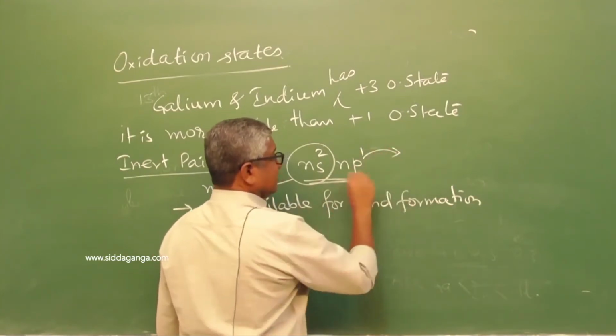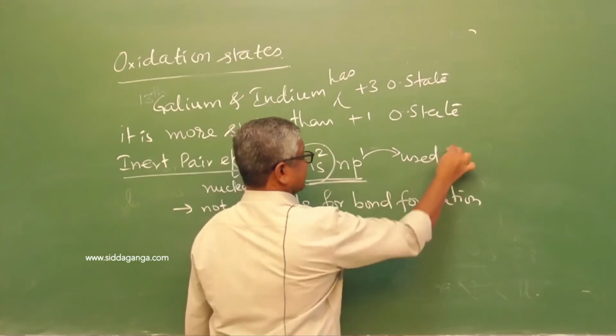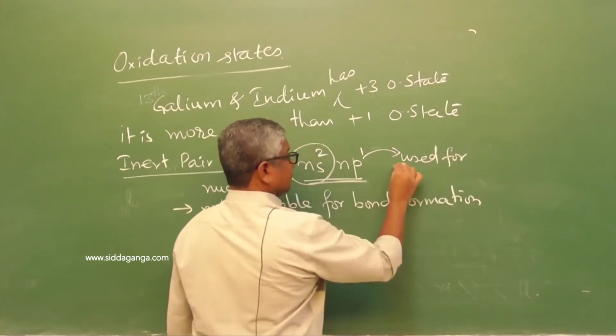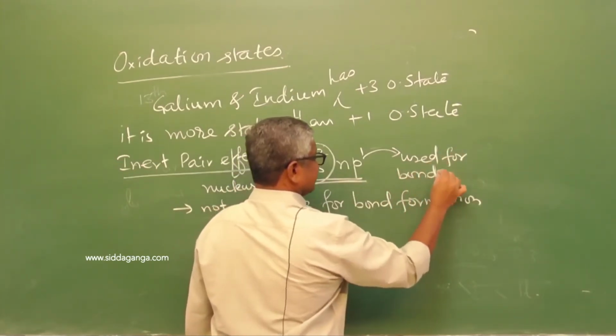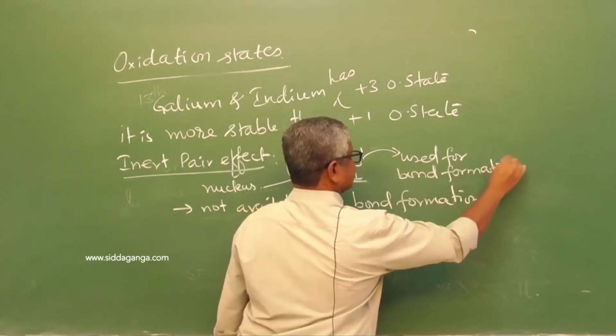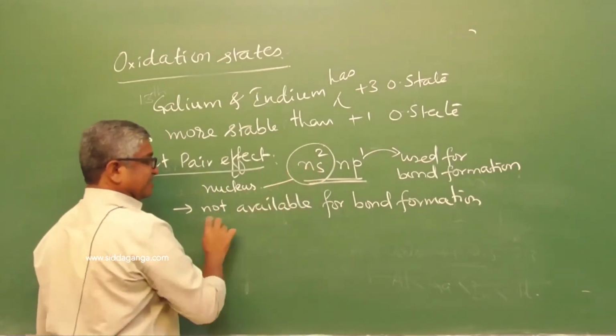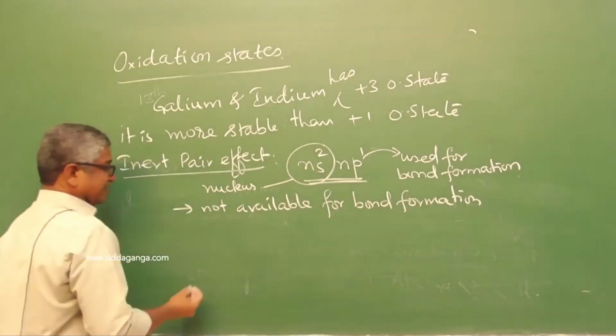Only the p electron is used for bond formation.